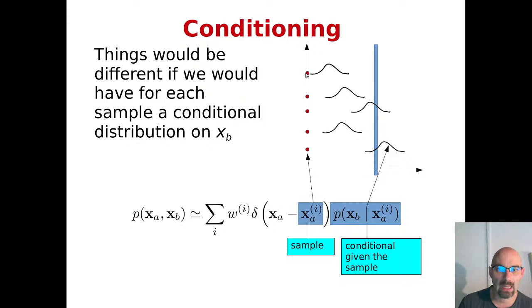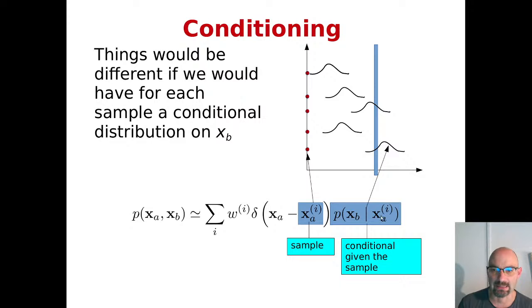But while one set of coordinates of each sample is a sample, the remaining coordinates, the ones that span over xb, are described by a closed form distribution, which is p of xb given xa.